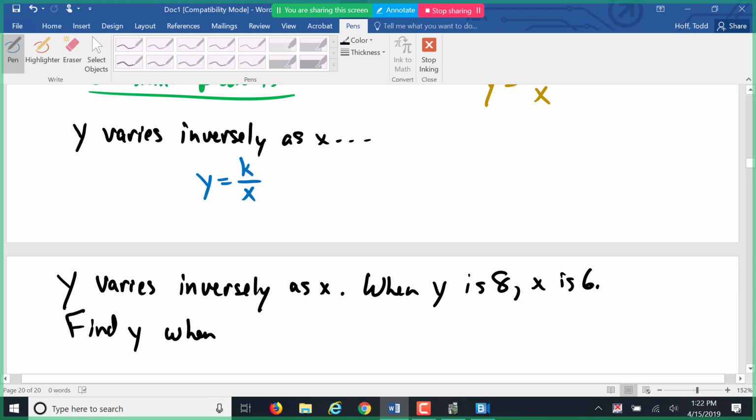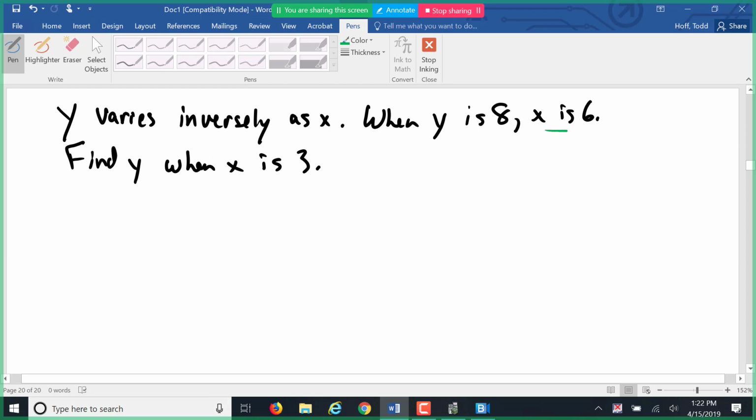Find y when x is 3. Now before we break any of this problem down, let's look at the numbers. X started out as 6 and it becomes 3. So did x get smaller or larger? X got smaller. So y has to get bigger. Yeah, whatever x does, y has to do the opposite.